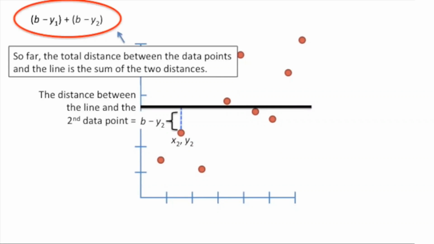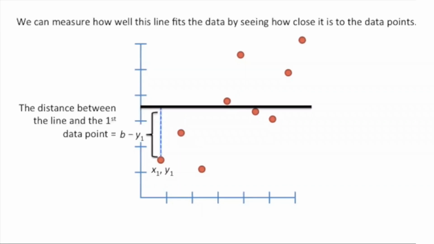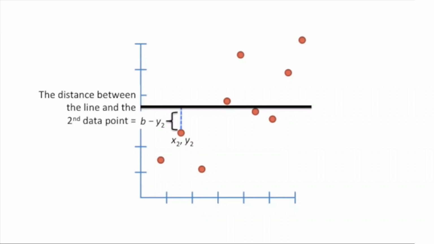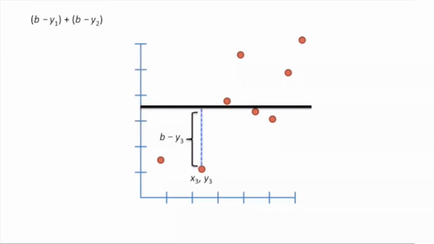And so far, if you just take two of these points into consideration, you have basically taken the difference of the first one, right? This b minus y1 and b minus y2, and you basically sum them up if you want to calculate the total distance, right? And this is the sum of the two distances. So this b minus y1 plus b minus y2 is the sum of the two distances.